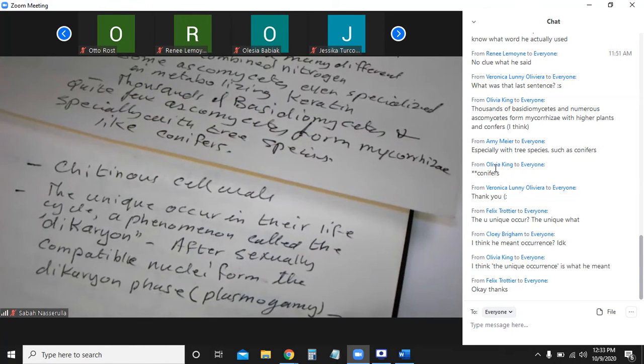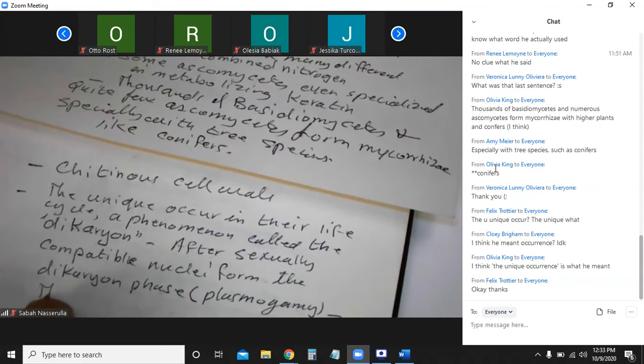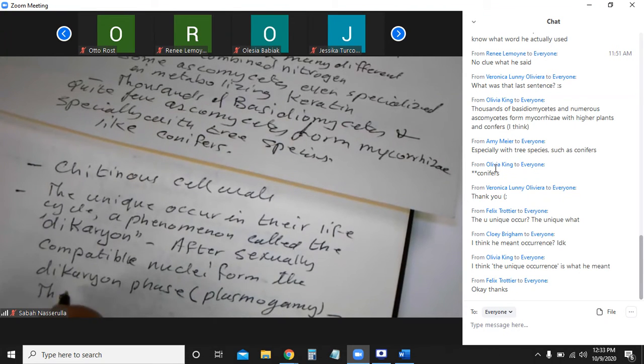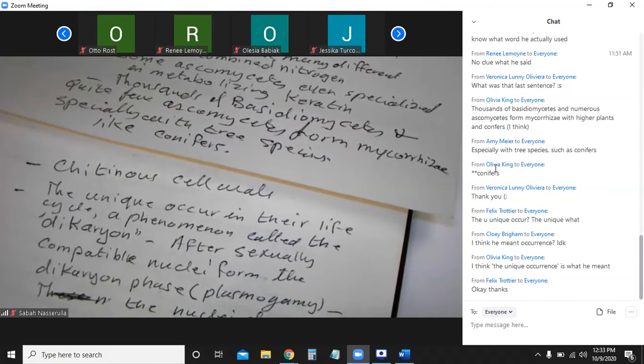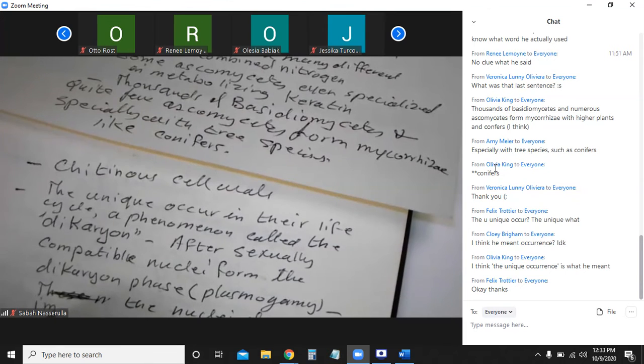These nuclei do not fuse immediately after the pairing of the nuclei, of course, to form a diploid zygote.